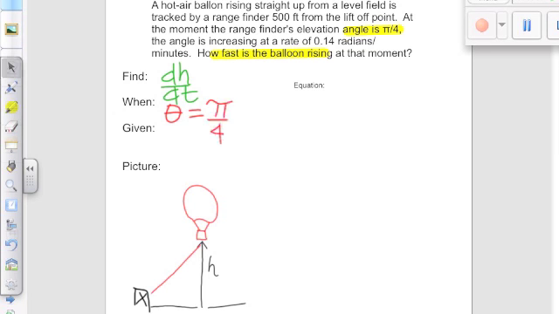And my given is the other rate that we have, which is this part right here. Given my rate of the angle is 0.14 radians per minute. Okay, so if this is a rate, how should I write it under my given section?